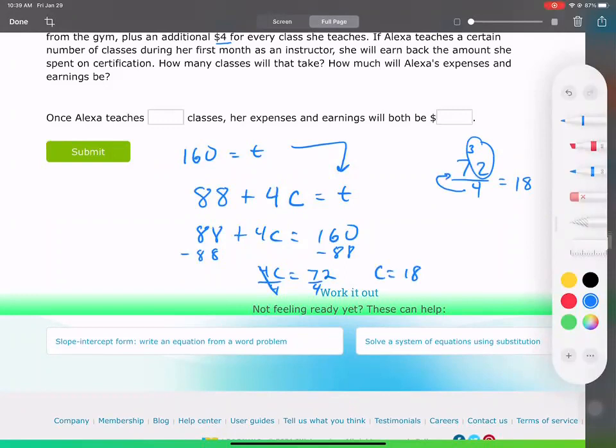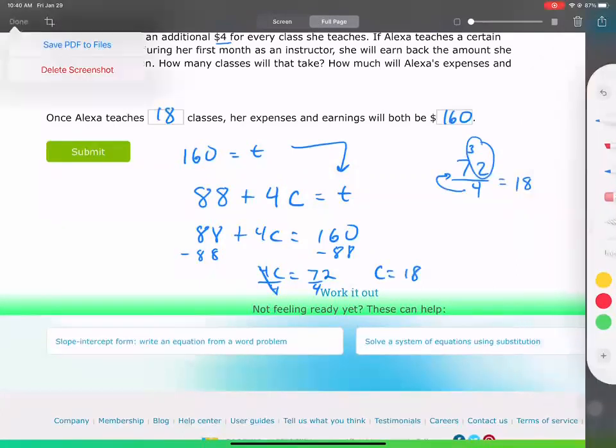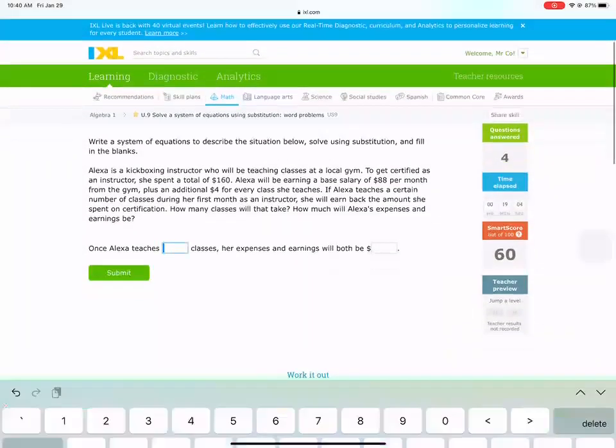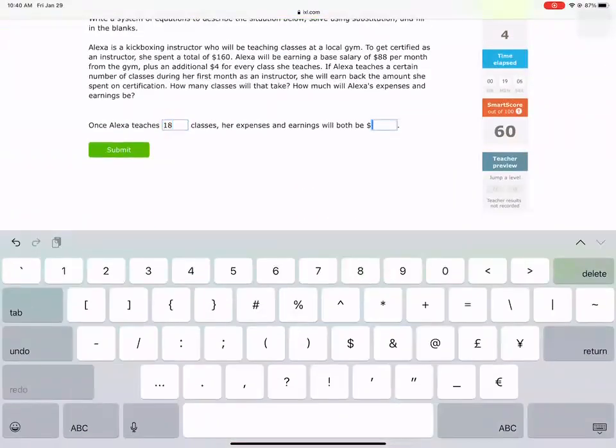So she has to teach 18 classes, and her total expense was $160, right? That's how much she had spent, and she wants to even out. Okay, that's it. So we said 18 classes and 160.